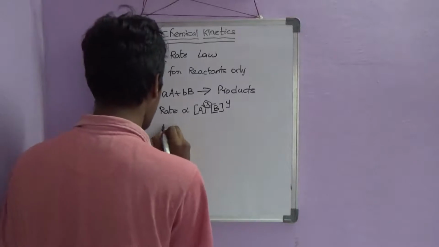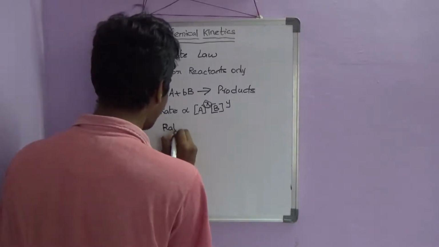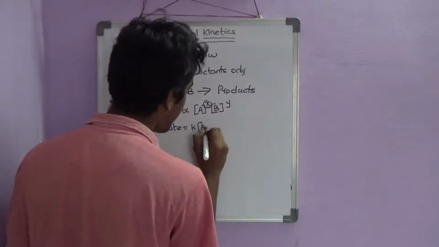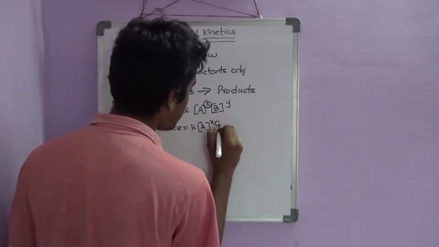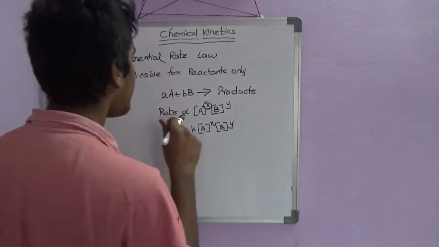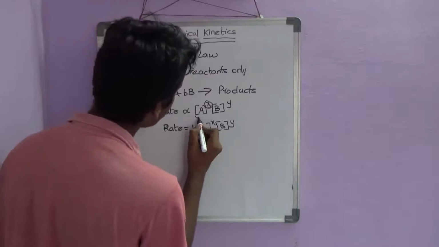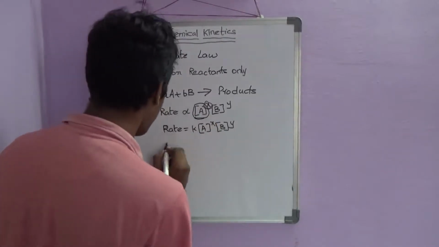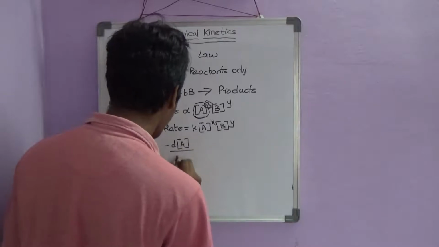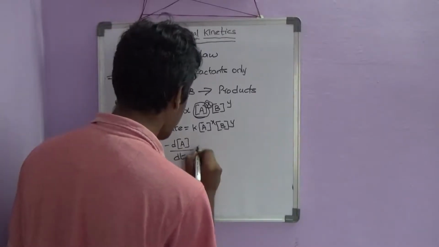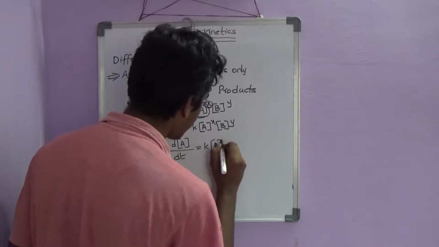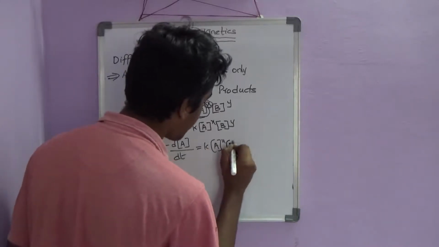Now rate is equal to rate constant k into A to the power of x, B to the power of y. Now if we take the rate of disappearance of A, minus dA upon dt is equal to k into A to the power of x into B to the power of y.